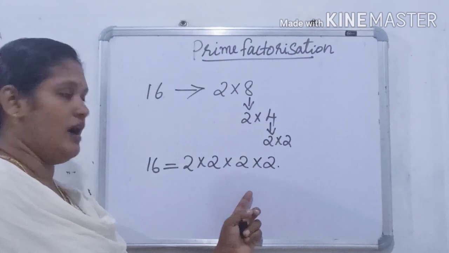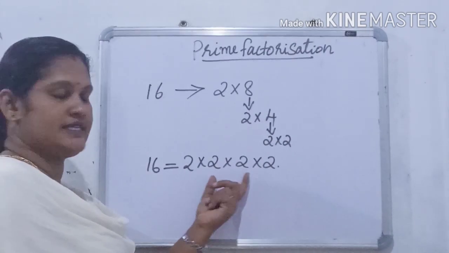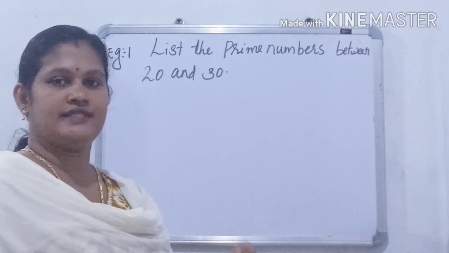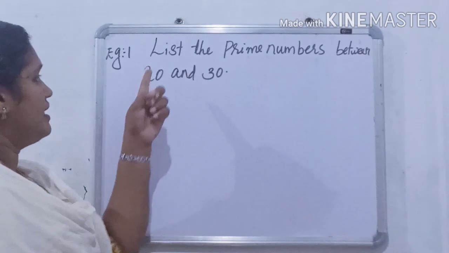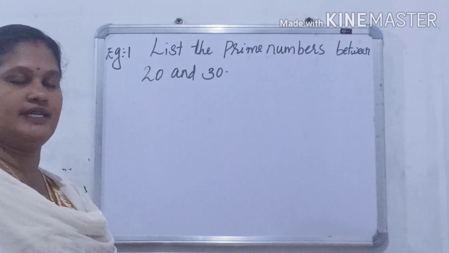Now all are prime numbers. This is the prime factorization of 16. Clear? Next, example 1. List the prime numbers between 20 and 30.